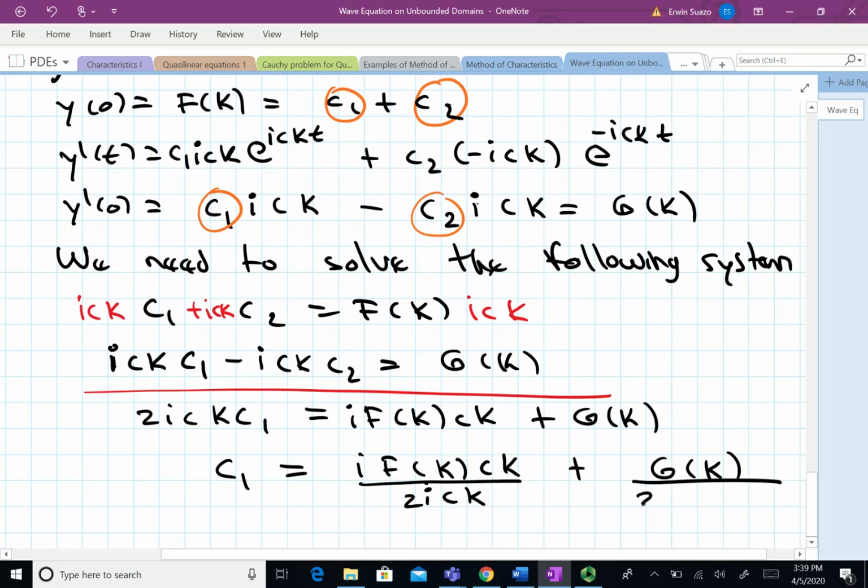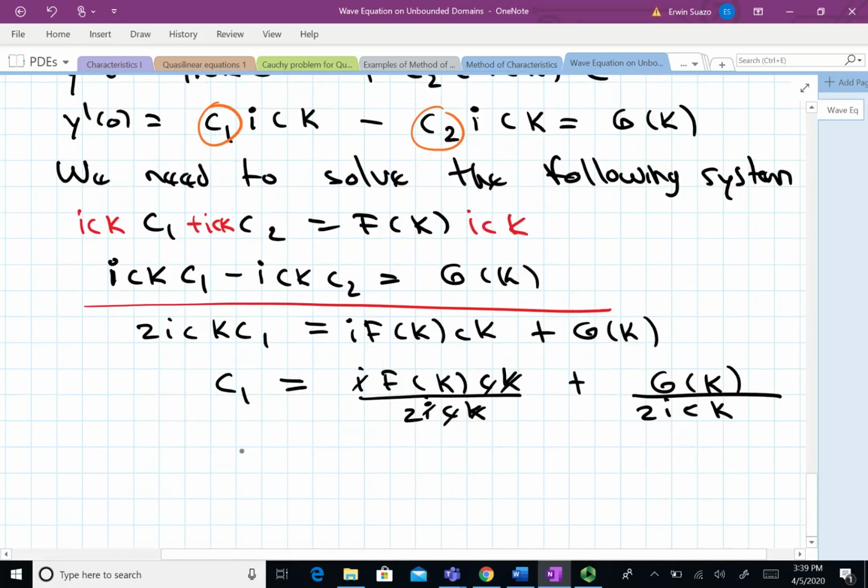This i cancels with this i, this k cancels with this k, this c cancels with this c. So I get C1 equals f of k over 2 plus g of k over 2ick.